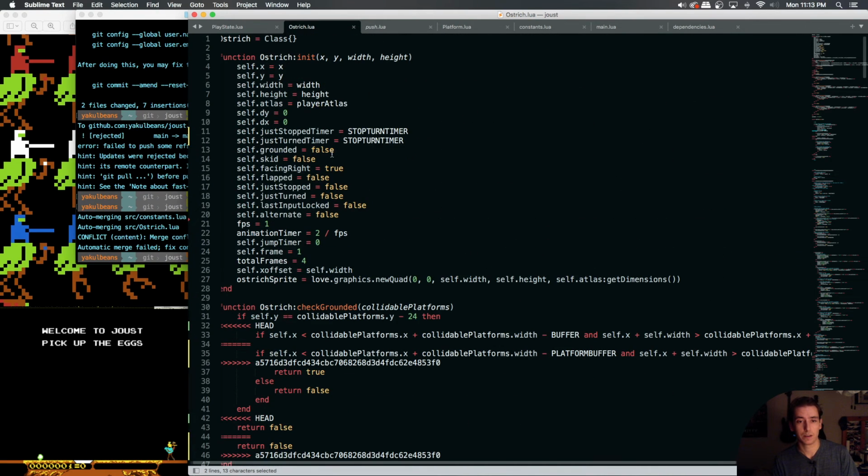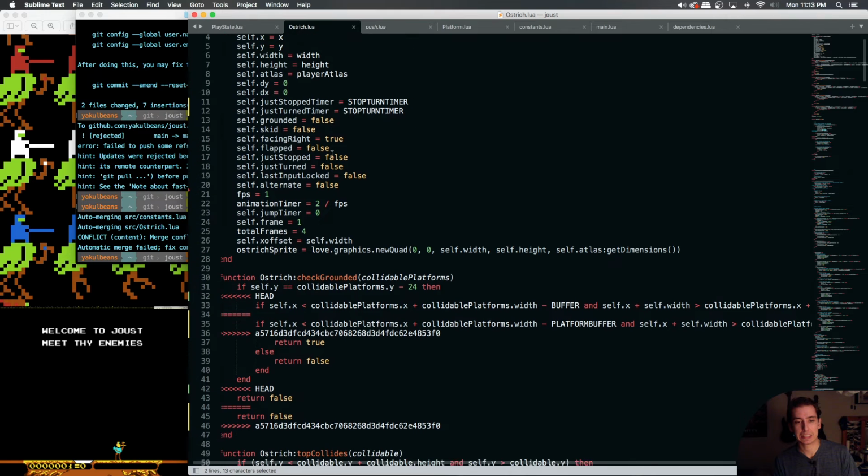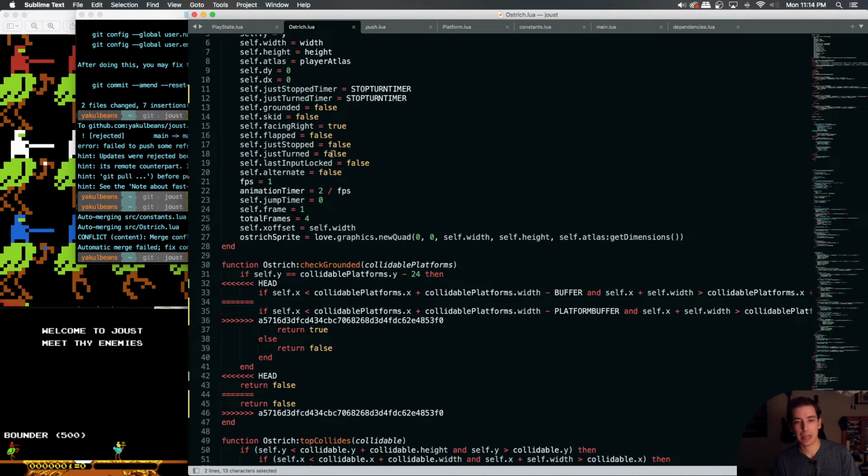oh my god. Okay. So when it says HEAD, that means where my current file is, and then where these equals signs are gives us a little commit.